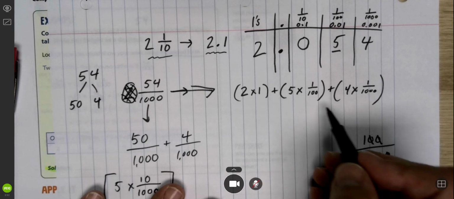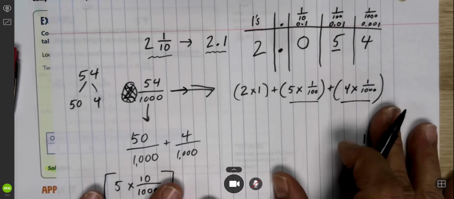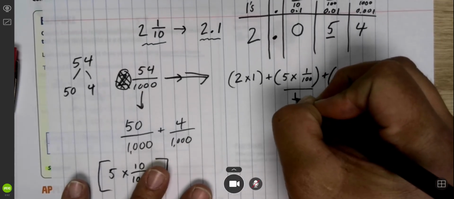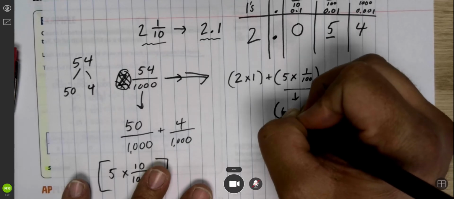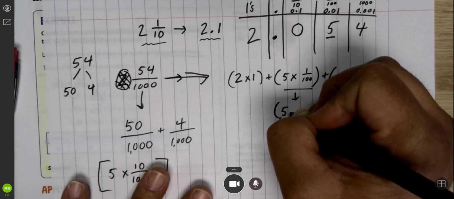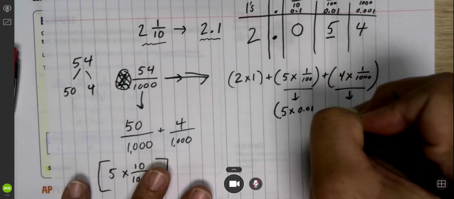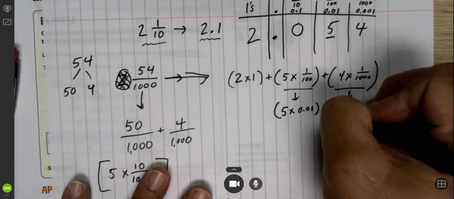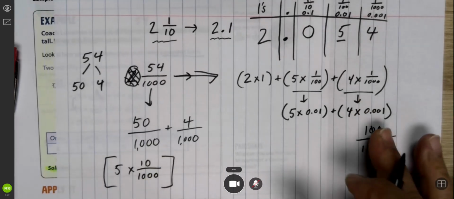And look at what we have here. 5 of the hundredths and 4 of the thousandths. Okay? The next thing that they do is they transfer this into the decimal form, that it is 5 of the hundredths and 4 of the thousandths. Okay?